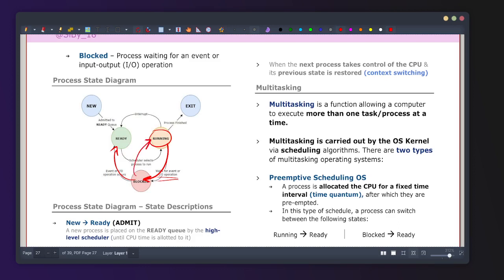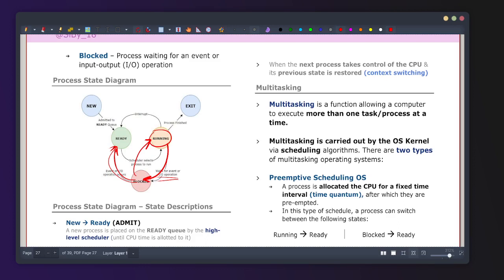What will happen is it will go to the blocked state, it will wait for the IO operation to take place. Once the IO operation finishes, it goes back to the ready queue, because there might have been a few other processes that require more urgent execution that came after the blocked process. So they need to be attended to before the blocked process is taken again.